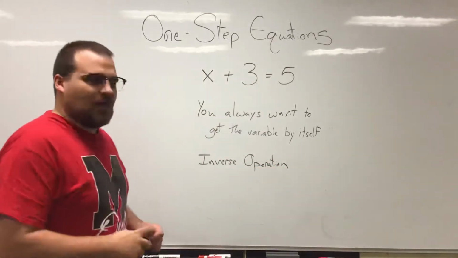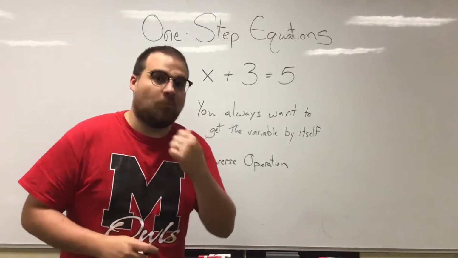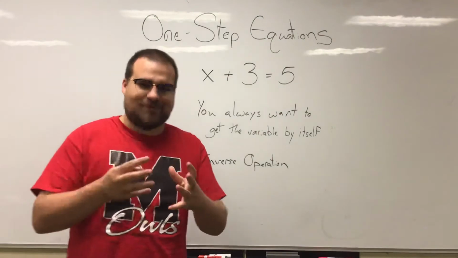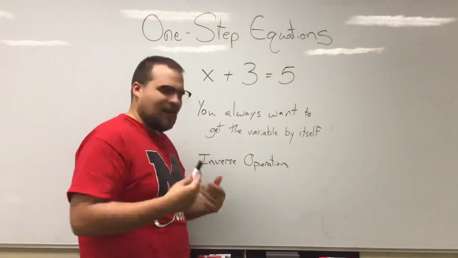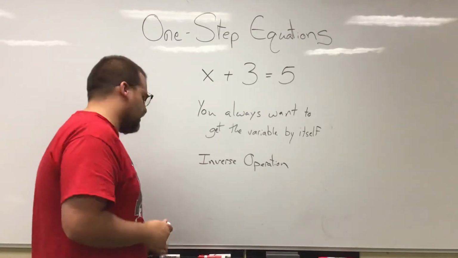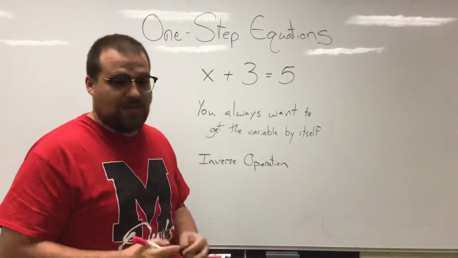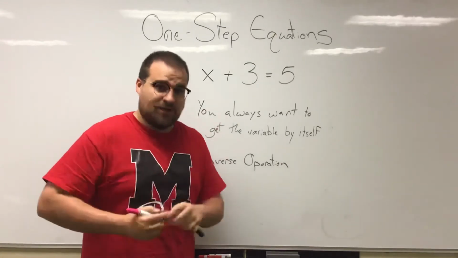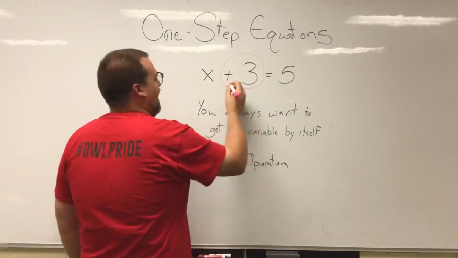An inverse operation is something that undoes what it's currently doing. And I know that sounds a little weird, but let's look at our example and get some kind of hands-on idea of what I'm saying here. This 3 that's on the same side with the x, the 3 we want to get rid of, what's it doing right now? Yeah, it's adding, right?